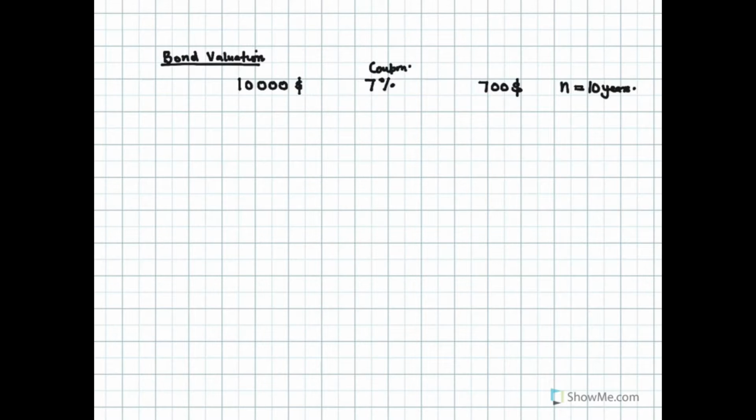However, imagine that the bank interest at the time when the bond is issued is only 3%. So if you put it in a bank, naturally you are going to get only 3%. So this bond, which is going to be paying you a very high coupon, will be available at a premium. And that is called the bond value.